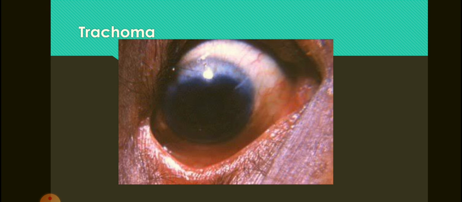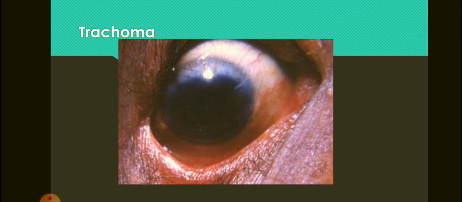In the eyelid, trachoma can lead to ptosis, tylosis. Tylosis means rounding of the lid borders. Madarosis, that is loss of eyelashes, and chalazion. In case of conjunctiva, trachoma can also lead to symblepharon and pseudopterygium.